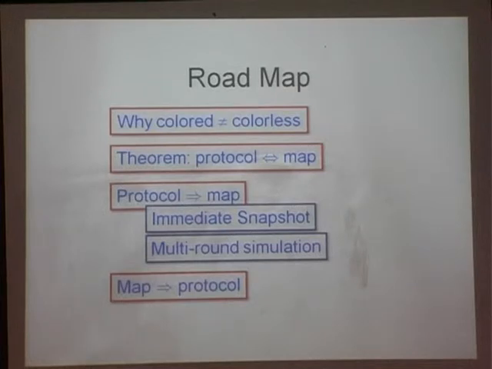The simulation says that I have this vector of simulated memories, and so does everyone else. I read their vectors, I put everything together, I do some arithmetic, and if the arithmetic works out right, then I say, oh, I've just simulated a snapshot, and then I write a new value out in the simulated state.